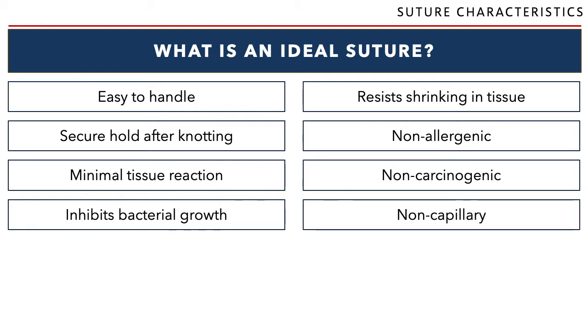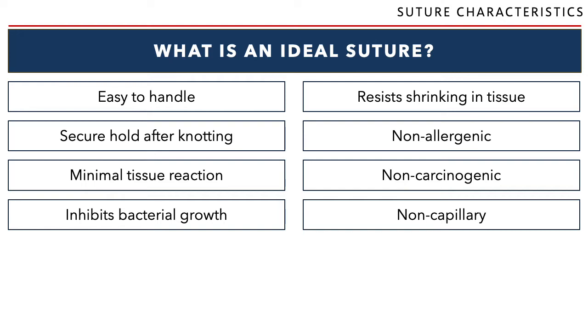Non-allergenic, non-carcinogenic, and non-capillary, meaning it is not absorbing fluid, because as we know, when fluid forms in the wound, that is usually composed of dead neutrophils, bacteria, and such. You don't want your suture to absorb that and be a seed of infection in that area.